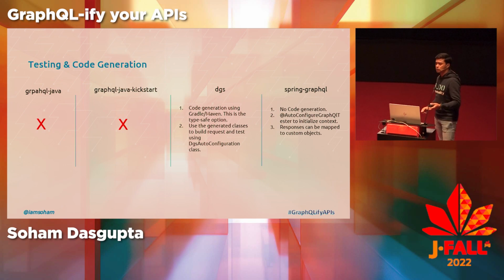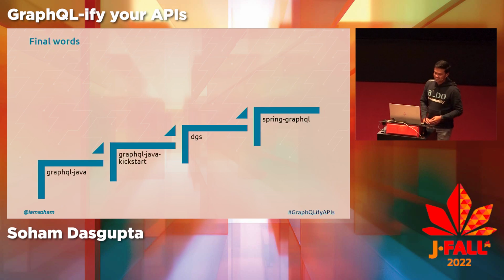You can annotate your tests along with Spring Boot test and auto-configure. Then you can pass a query, and it gives you back a result. So you can validate whether your results are good or not. It helped me a lot, actually, when I updated my library and all went red. I'm very glad I wrote some tests around it. So, final words. Subjective, to be honest.